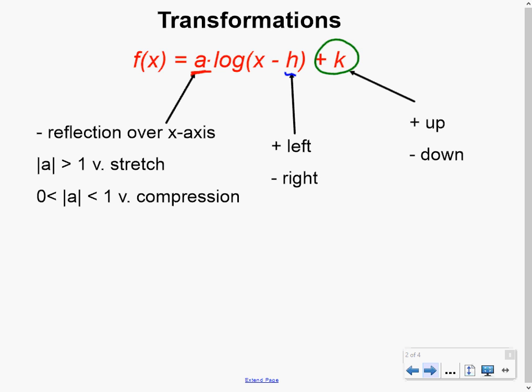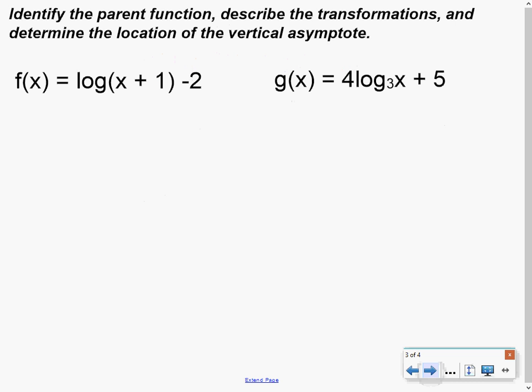So let's look at some examples of transformations. I want to not only identify transformations, but also the parent function, and then, like we did for the exponential video, determine the location of the vertical asymptote. For the first one here, my parent function is just log base 10 of x.